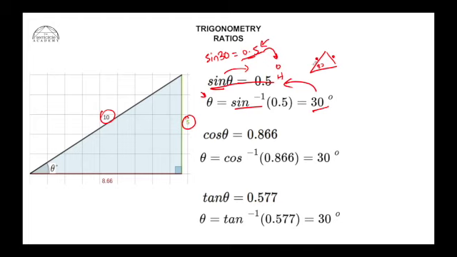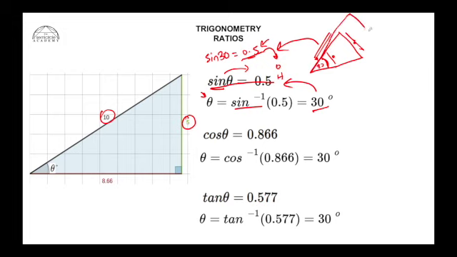No problem. But if I extend this like this, so now this is the opposite, this is the hypotenuse here, if I take this longer one and divide it by this, because this angle is 30 degrees, I'm still going to get 0.5.